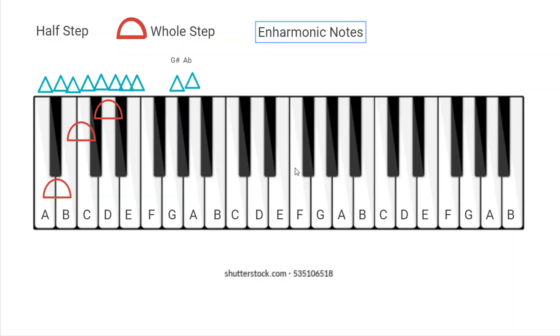What about 1/2 step above F? We're going to move one note up. This is going to be F sharp. I think I said 1/2 step above E. 1/2 step above E is F. 1/2 step above F is F sharp.